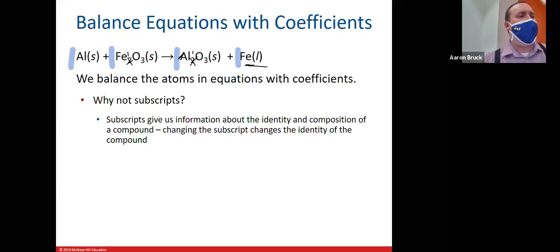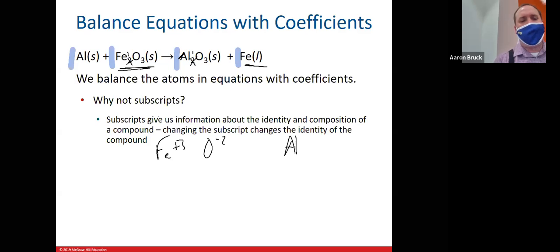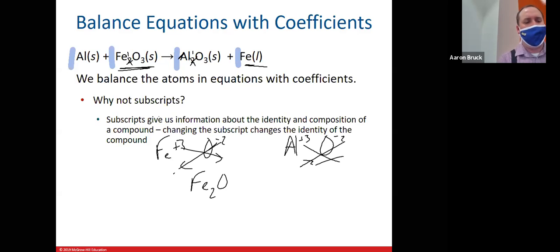Why can't I do that? Because this compound has a particular meaning to it. This means that I have iron 3 ions and oxide ions together. And I had aluminum ions and oxide ions in the other. To get it to charge balance, I have to have that particular formula.